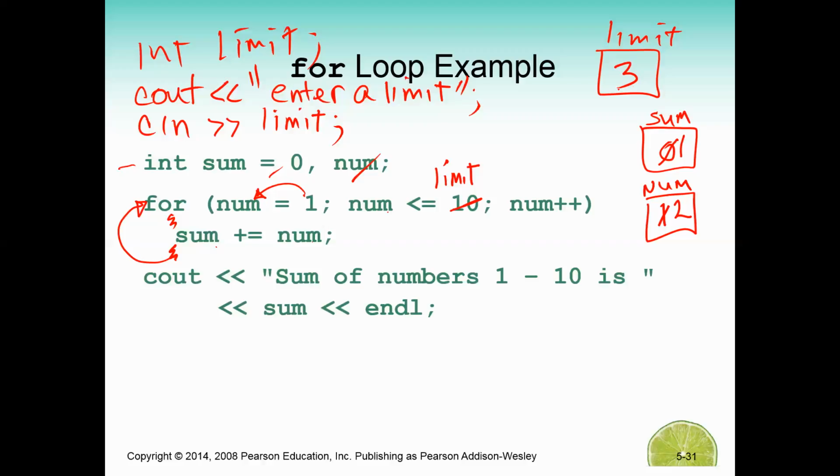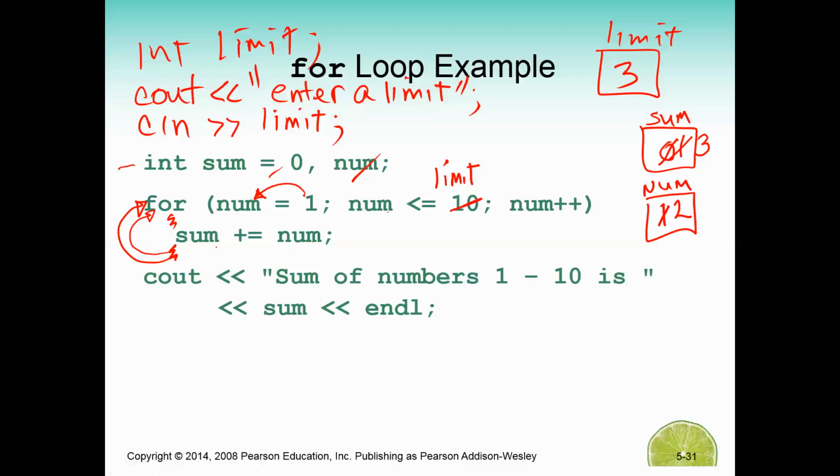It is. So again, we go back in, and we're going to be adding num to sum. Num is 2, sum is 1, 2 plus 1 is 3, and we leave the result in sum. So we put it in right here. We hit the end, so we go back. When we go back, what do we do? Update.